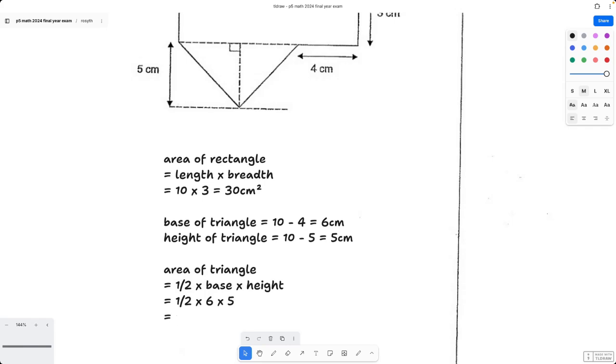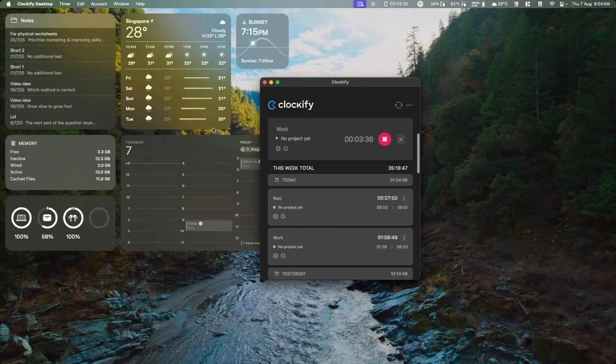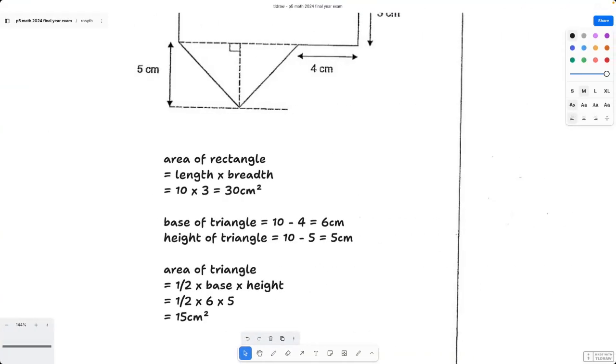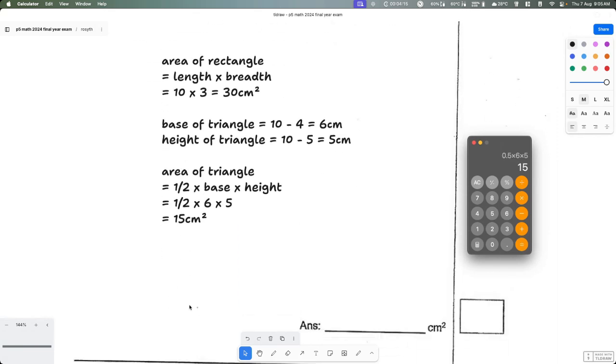Therefore, in this case, this will be 15 centimeter square. Right, so let's double confirm with our calculator. So just half is 0.5 multiplied by 6 multiplied by 5. Okay, this will give us 15 centimeter square.